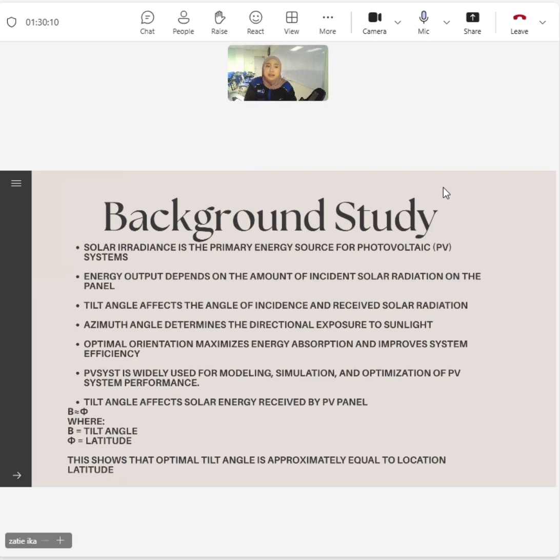By optimizing both angles, the system can achieve better energy absorption and efficiency. PVsyst is used in this project to simulate and evaluate the system performance. So, this is the basic formula which says that optimal tilt angle is approximately equal to location latitude.